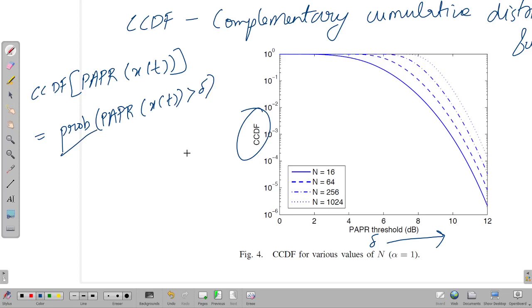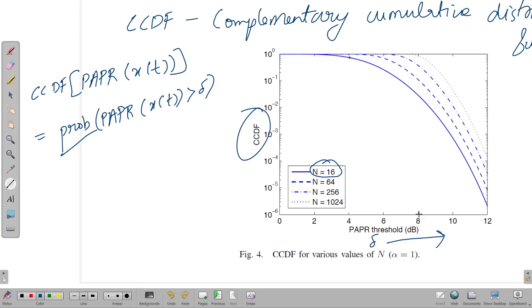If I consider this solid line, it corresponds to N equal to 16 subcarriers.